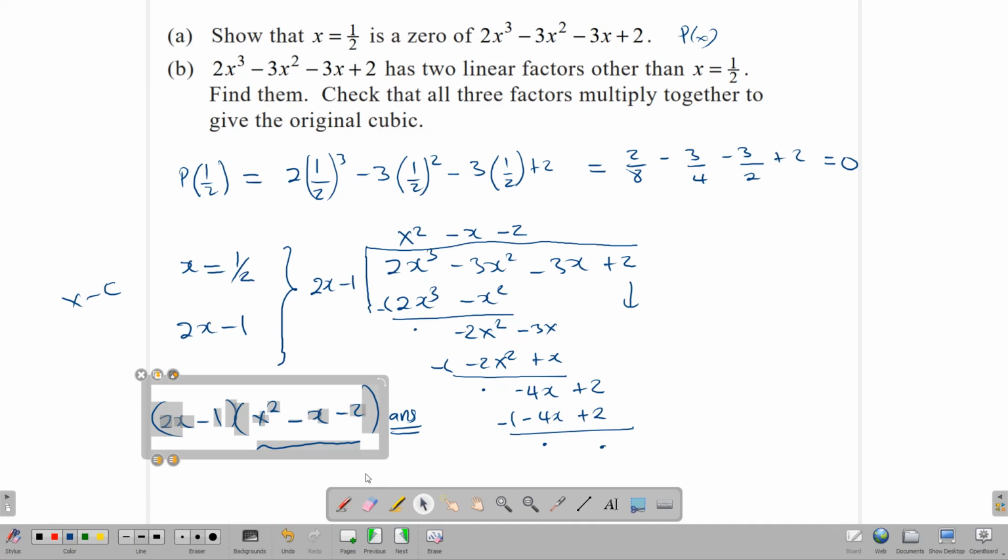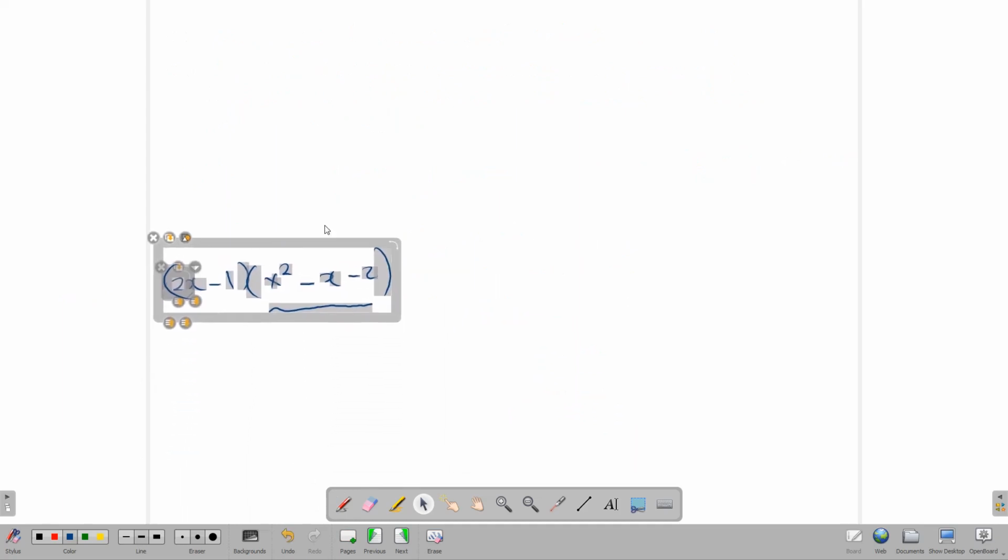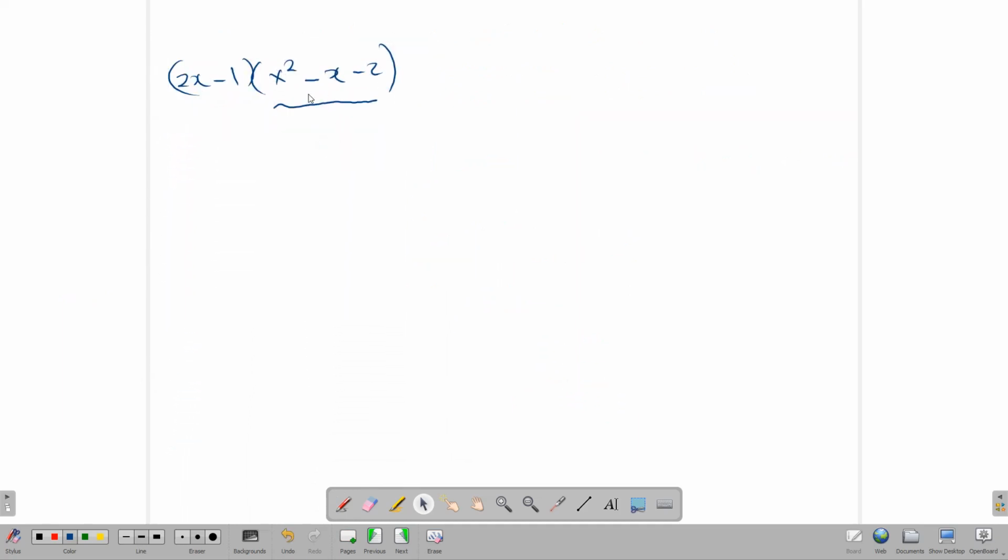So let's copy that. Now let's make another page here, just a moment. So here we have our expression, and what we need to do now is factorize this part. Notice that this part here is a quadratic, so we can factorize it, x squared minus x minus 2. And 2 times 1 is 2, or minus 2 times 1, with the minus 2.